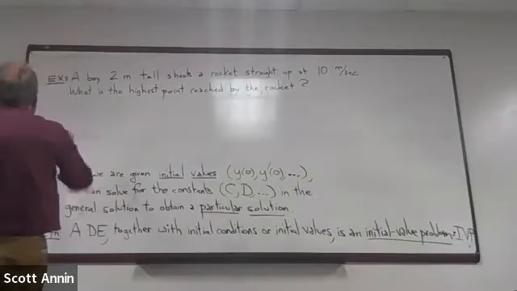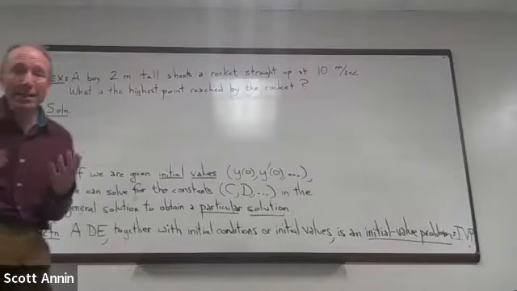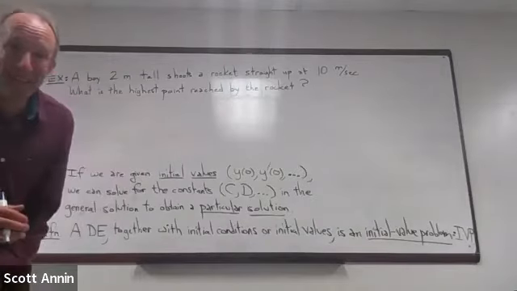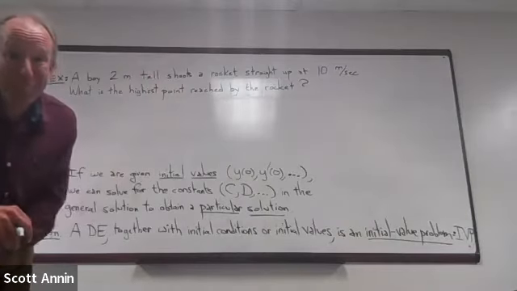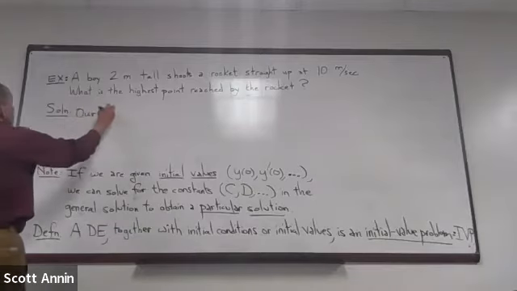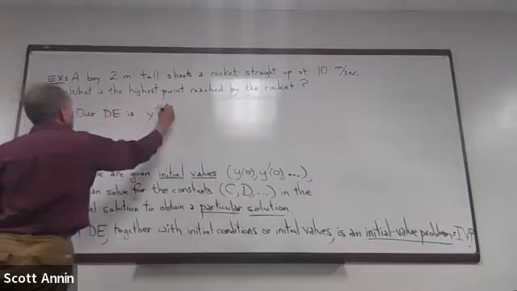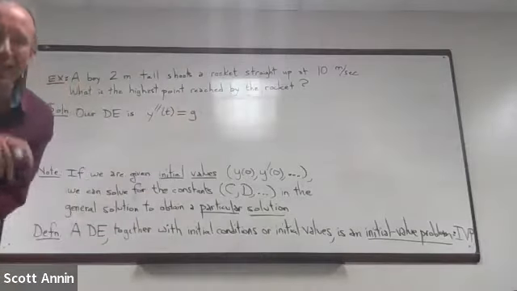Well, for the solution to a problem like this, what we have to realize is that this is a position, velocity, acceleration example. The rocket is in free fall. And so we know that our differential equation is the one that we wrote down earlier, y double prime of t equals g.